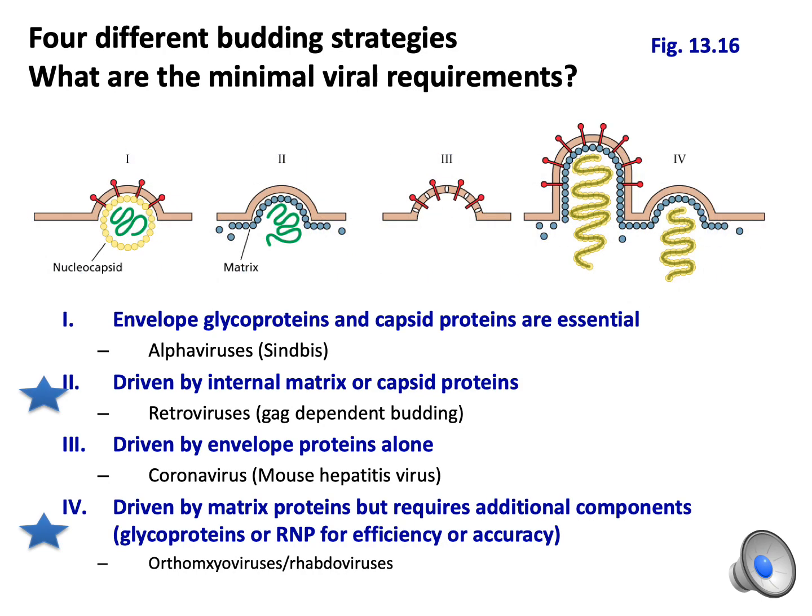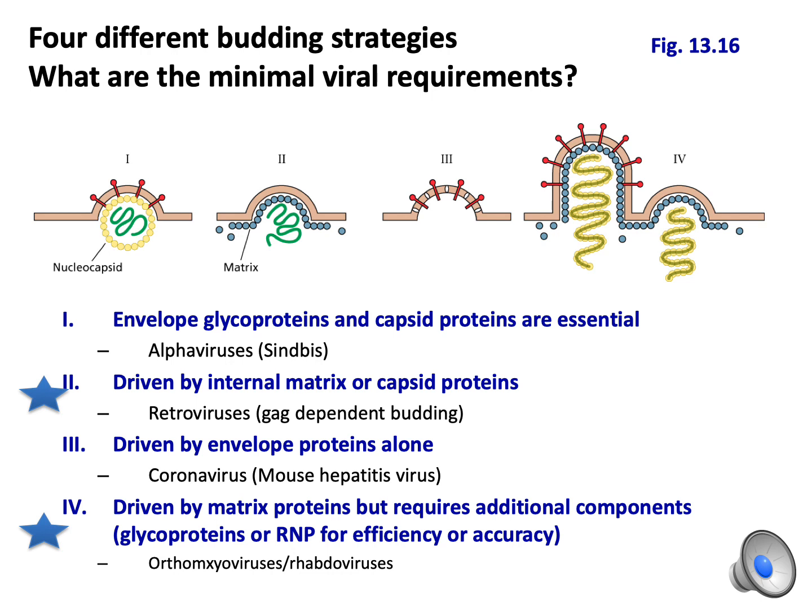And I think what's really interesting is that the requirements are very different in different cases. In some cases, one needs glycoproteins and capsid proteins to interact together at the membrane. That's true in this number 1 case for alphaviruses like Sindbis virus.